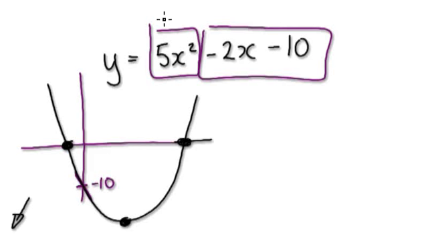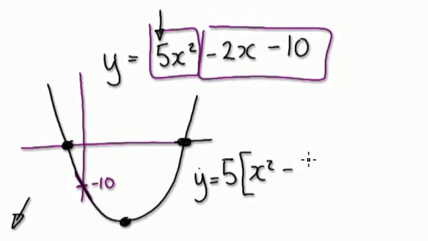Okay. So in order to do this here, we only want the coefficient of x squared to be 1. So take 5 out as a factor. So you have y equals 5 bracket x squared minus 2 over 5 x minus 10 over 5.